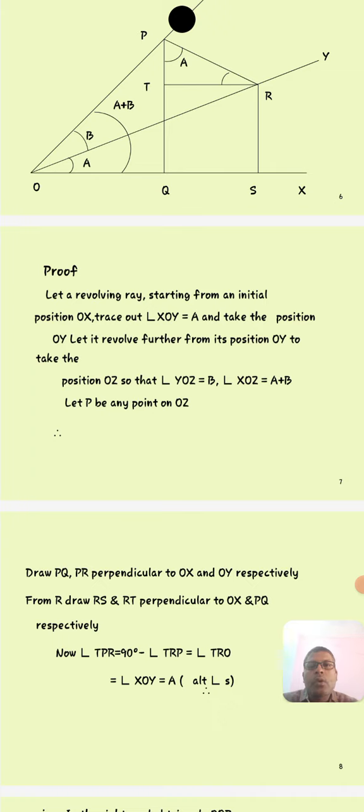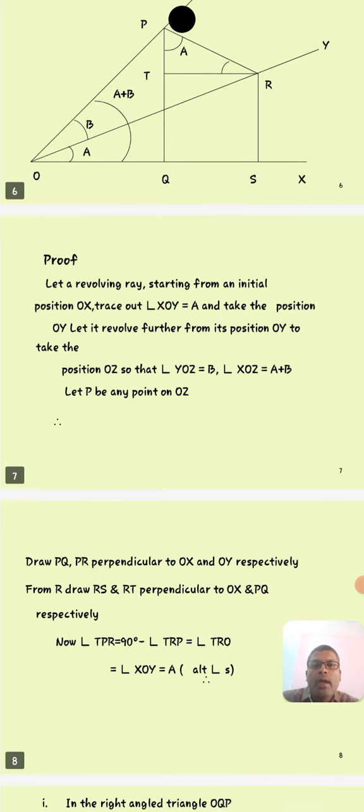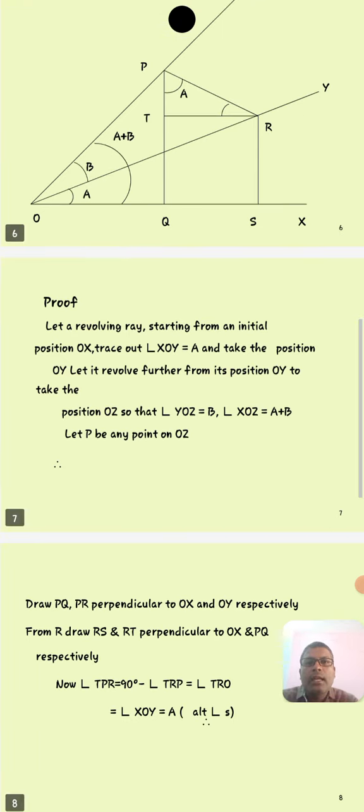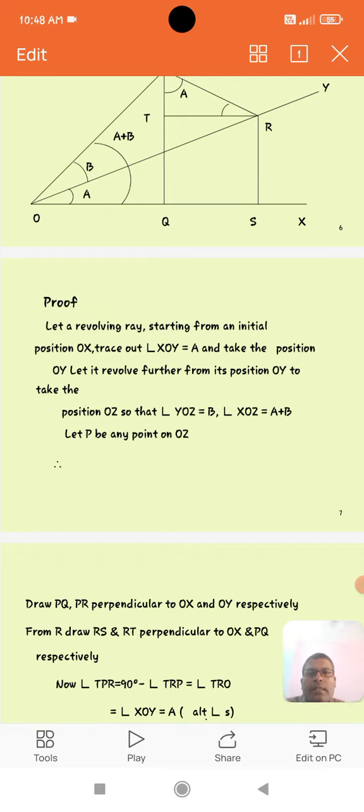Let it revolve further from its position OY to take the position OZ, so that angle YOZ is equal to B. In the same way, angle XOZ is equal to A plus B.